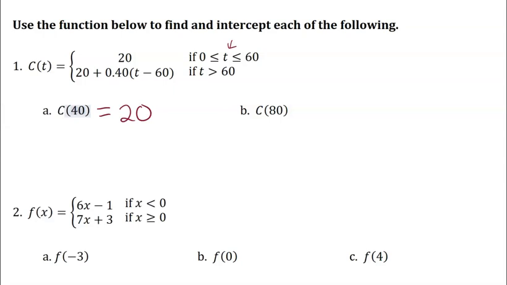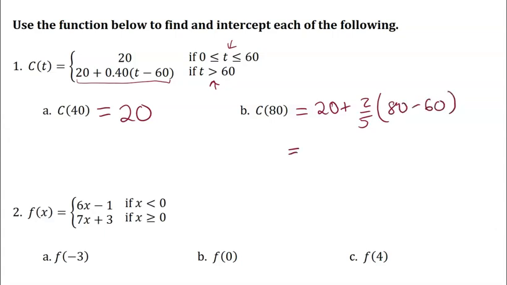Okay, so for c of 80, the input value falls into t greater than 60, so this is going to be equal to, and then I'm going to write this expression and plug 80 in for t. So it's going to be 20 plus 0.4, which is 2/5, and I'm not using a calculator here, so I'm going to write it as a fraction, but if you're using a calculator, hit that 0.4, it doesn't matter, times 80 minus 60, okay?